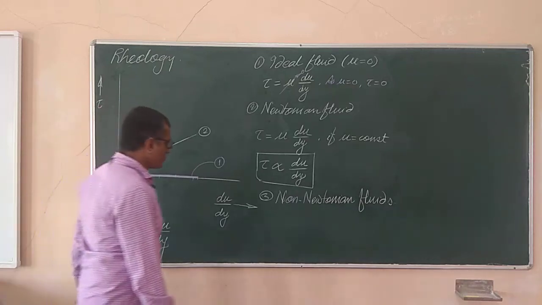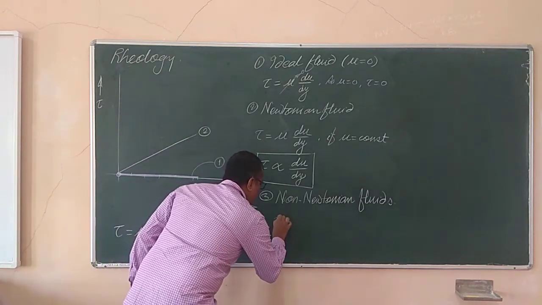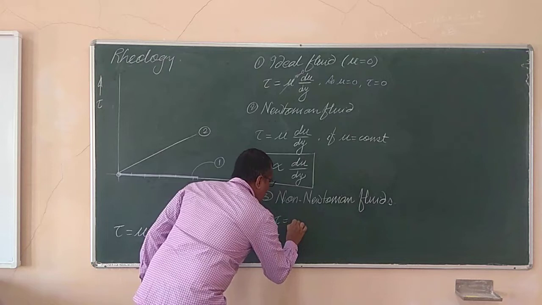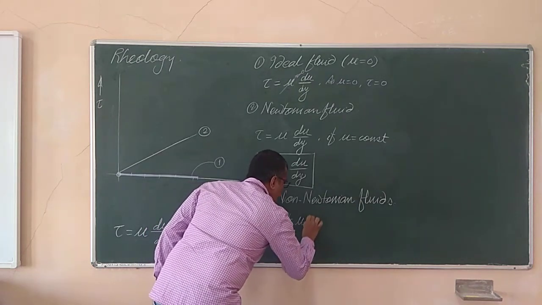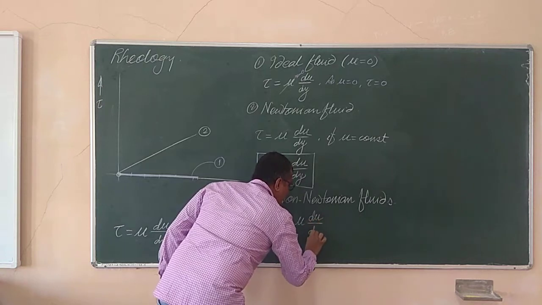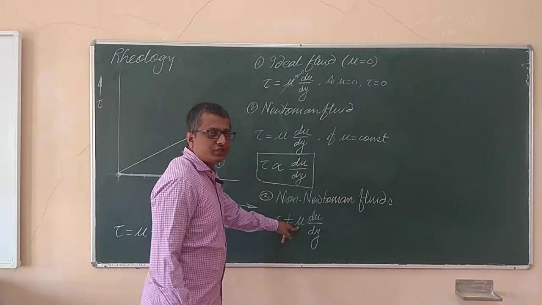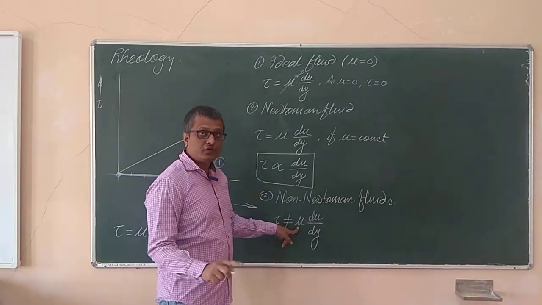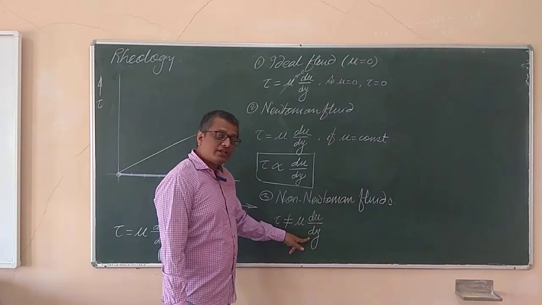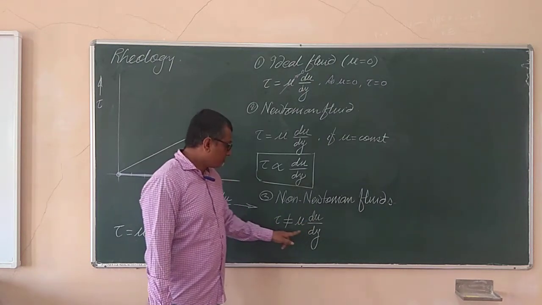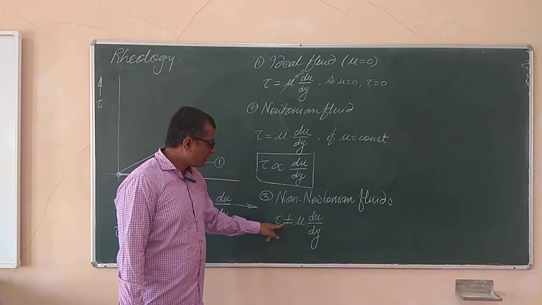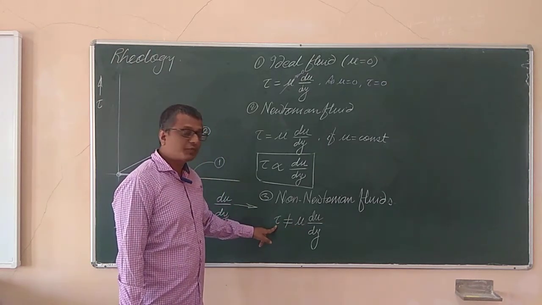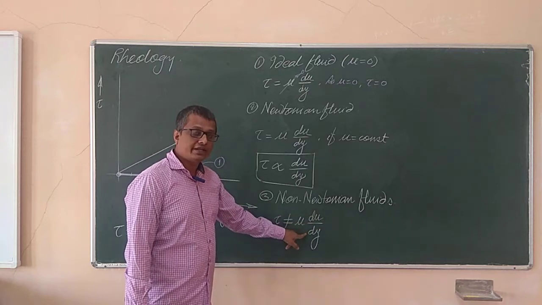It means tau is not equal to mu into du by dy. It is not the case that mu is 0; mu has a non-zero value, du by dy also has a non-zero value, but even if mu is constant, I cannot say that shear stress is proportional to velocity gradient.